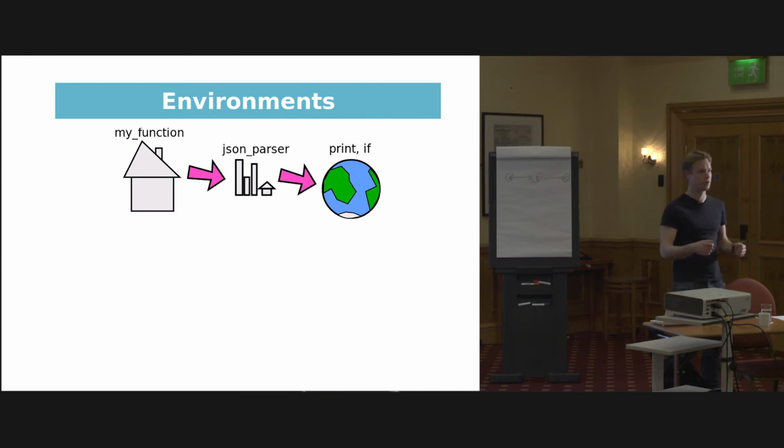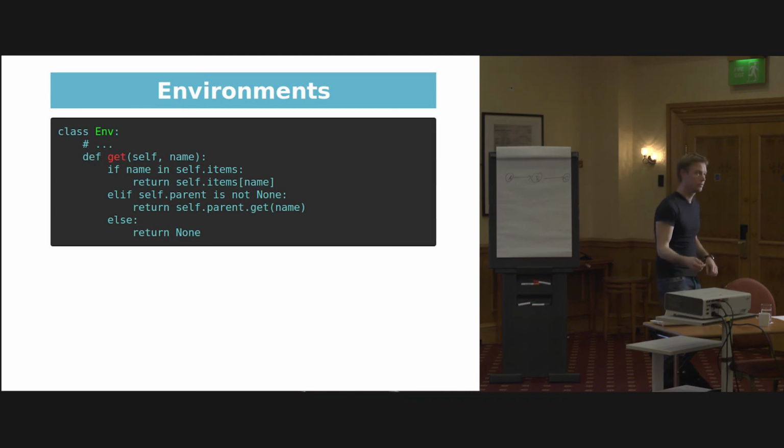So this is like a parent-child hierarchy, where the place where you are can see the place that it's in, and that can see the place that it's in. So we define that in a really simple class called env. I have no excuse for why it's not called environment.